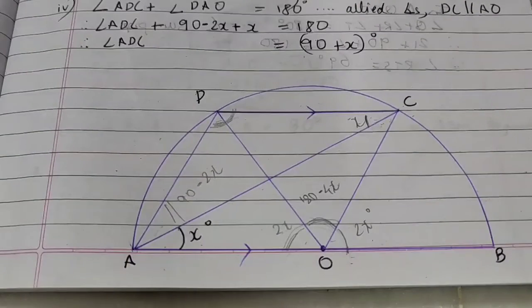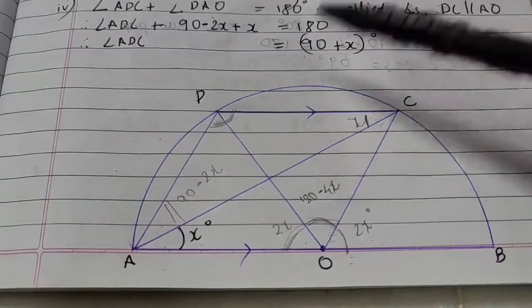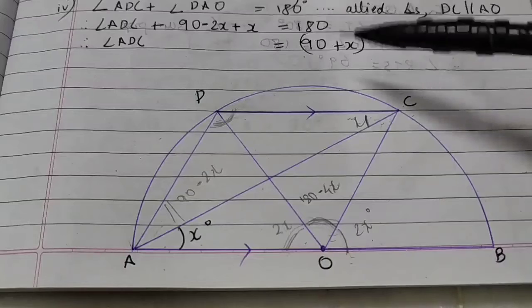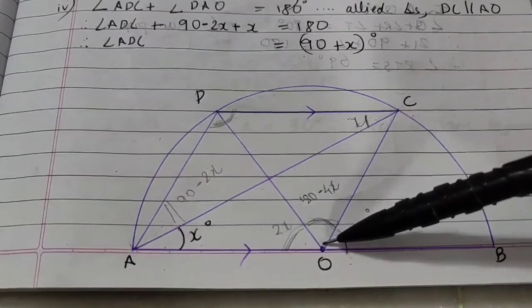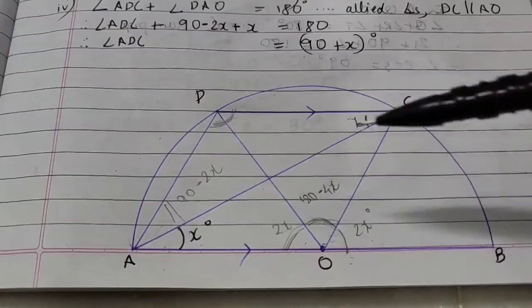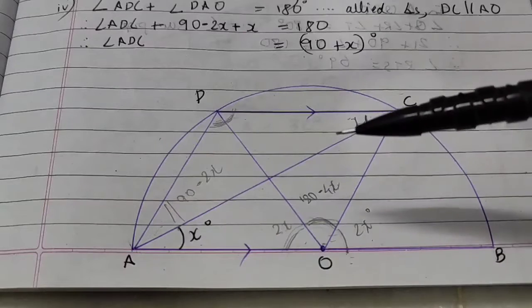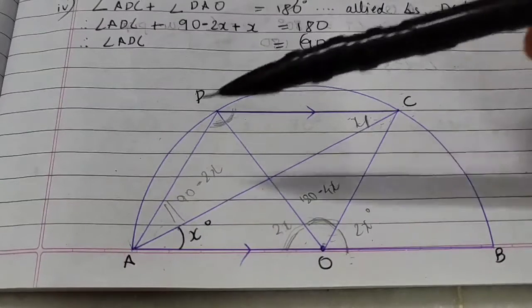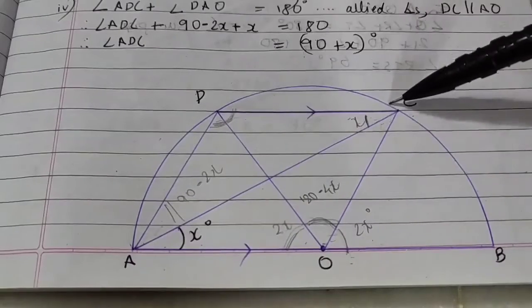Now what do you think? Well, there are a few ways to go about it. Can I say AOCD is a cyclic quadrilateral? No, it isn't, because point O is not on the circumference. So don't even think about that. How about angle sum property in triangle ADC?